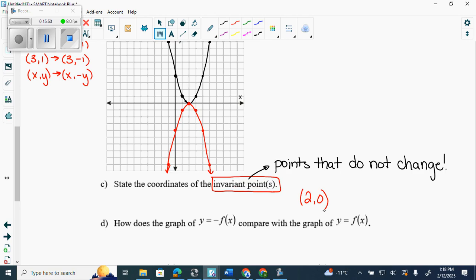But the real reason is, guys paying attention, your mapping is x, y becomes x, negative y. True? The only number that will not change if I take the negative of it is 0. Right? So 2, 0 will stay the same. Paying attention.